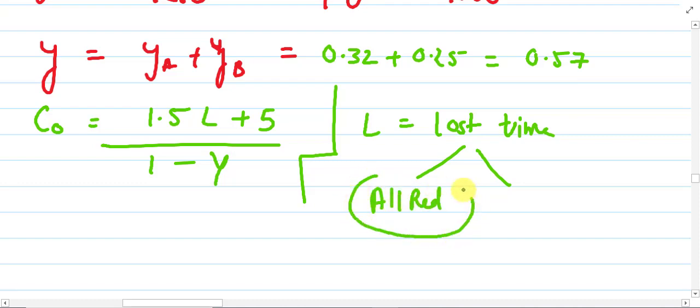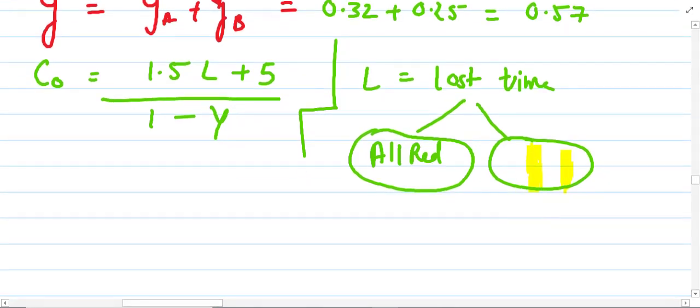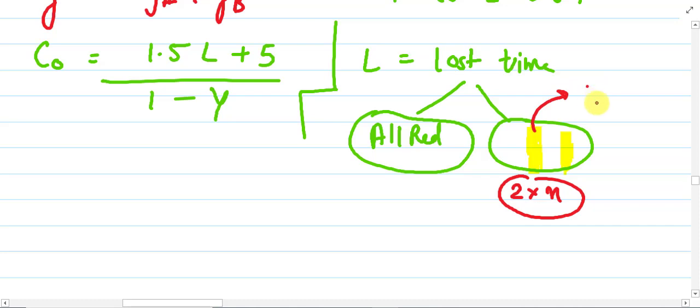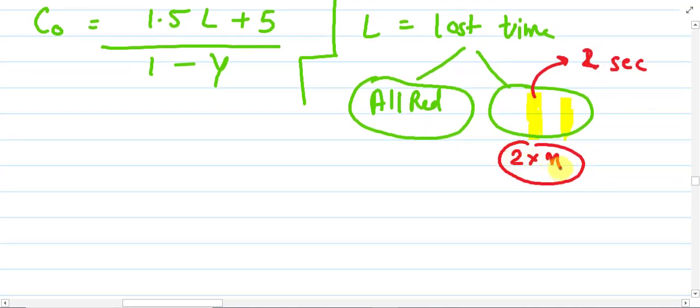This time is allocated for pedestrian movement, and another one is your amber time, this amber time for road A and this amber time for road B. So we can say that here there are two phases, N. If I am taking this amber time as 2 seconds, then it is 2 seconds multiplied by the number of phases N. In most cases we take our amber time equal to 2 seconds.